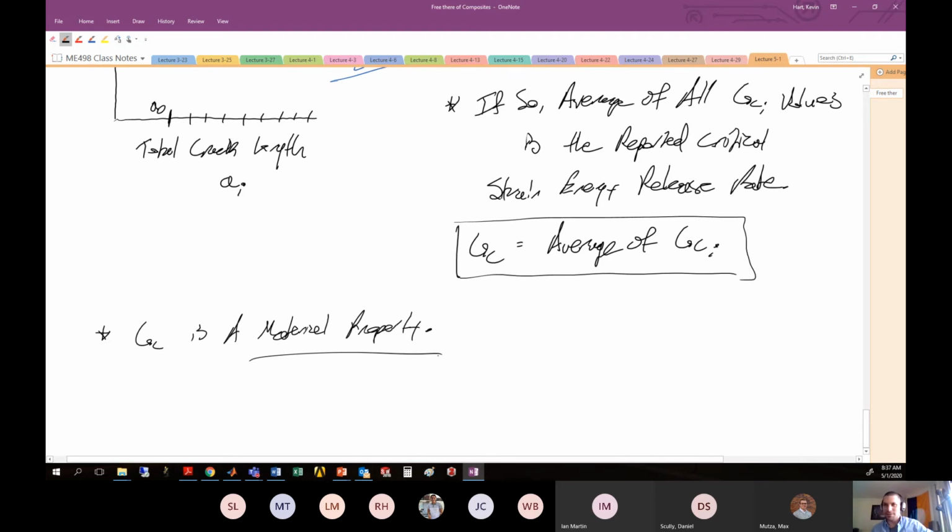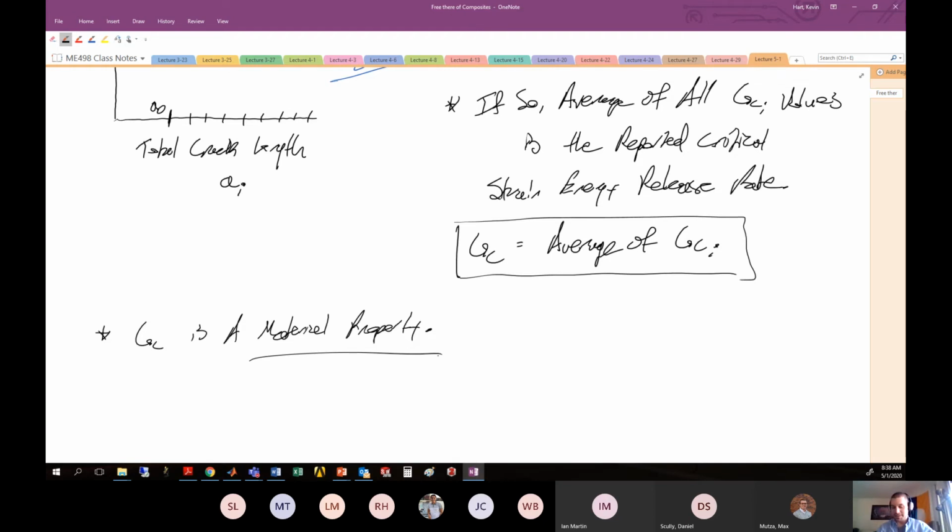It should be consistent for the loading situation, regardless of the size of the piece, how you're loading it up, what the crack length is, and so on and so forth. So we're normalizing all the additional information here, for things like crack length and load. Built into this value of G_C is this constant that tells you how this material will behave in this certain situation. I think that's kind of cool.